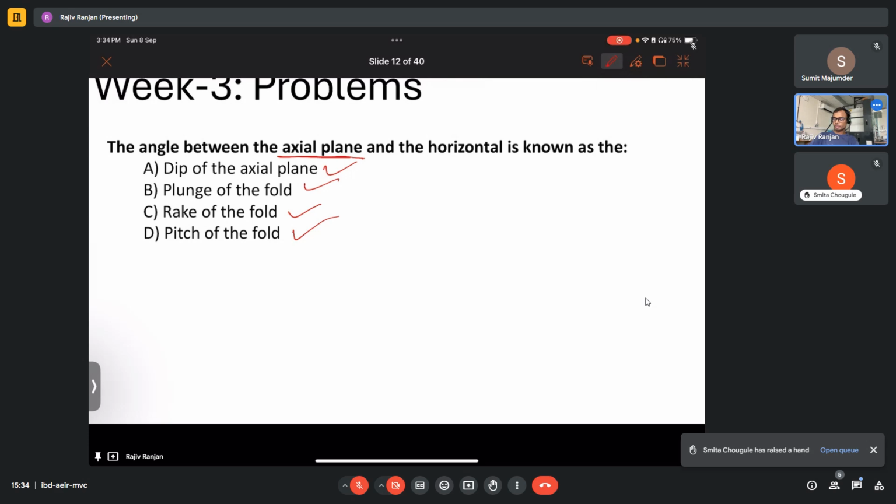So, suppose this is an axial plane, and you have this, the horizontal.